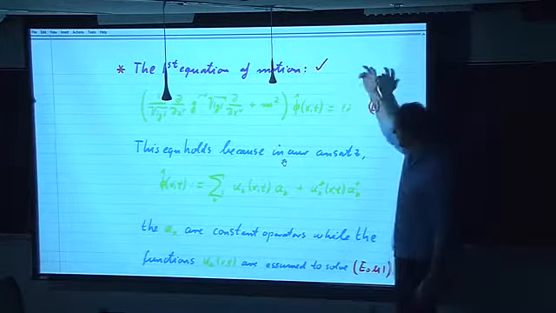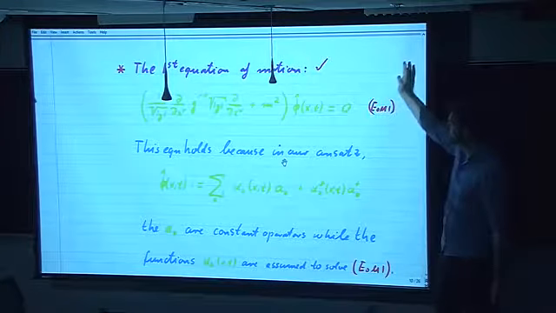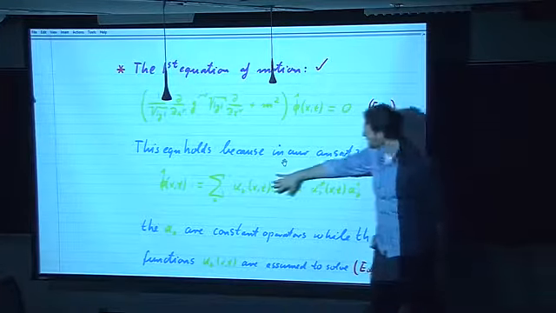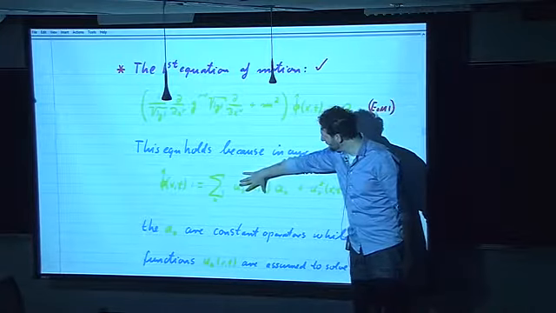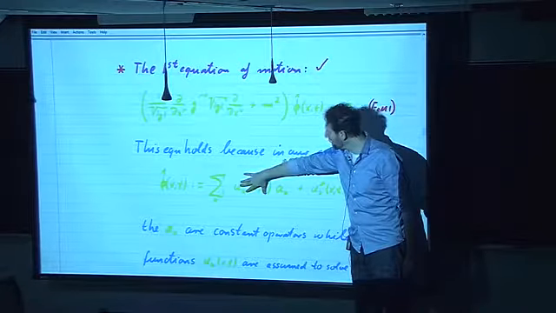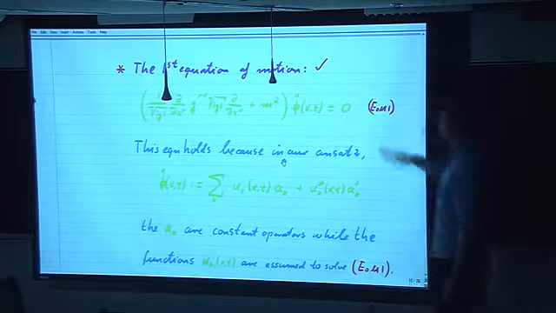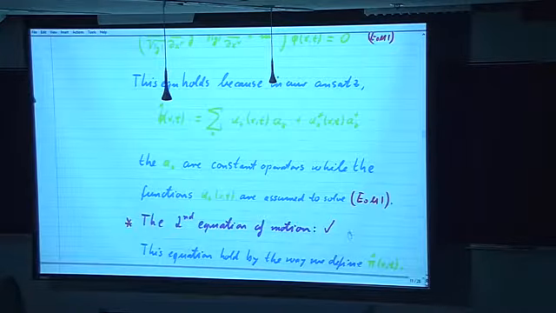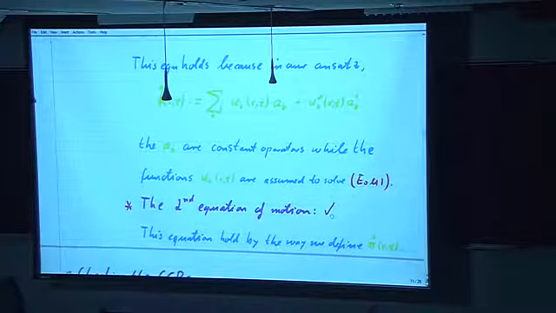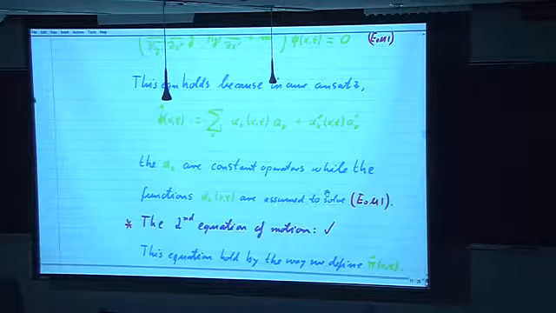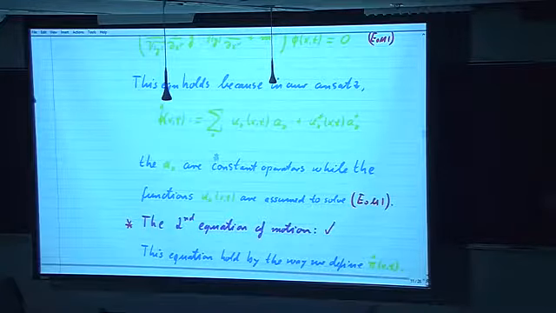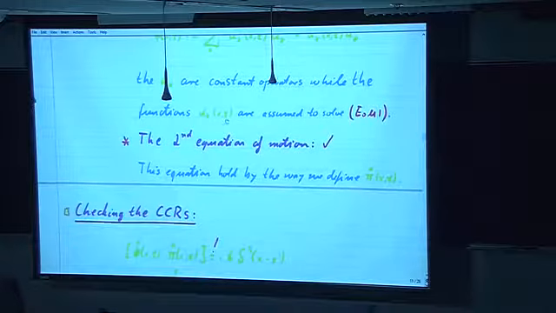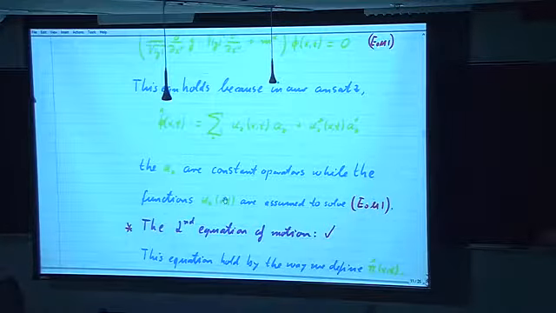Okay, so we have the Hermiticity condition fulfilled automatically. And also, since we are assuming that we choose u_k here which solve the equation of motion, the phi hat is going to solve the equations of motion as well. The second equation of motion, which is the relationship between pi and phi, is going to be obeyed as well simply by construction. We define pi to be the expression that solves that, right?